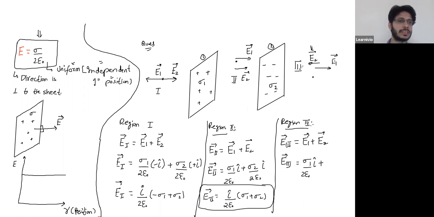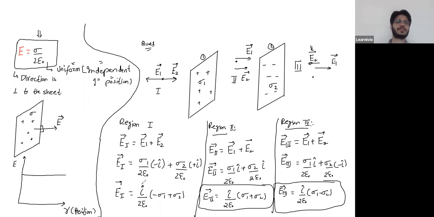This E2 is along negative x-axis, so it's sigma 2 by 2 epsilon naught minus of I cap. So you can simply take I cap by 2 epsilon naught as common. So this is sigma 1 minus sigma 2. This is how we calculate electric field due to infinite sheets. Let's note it down. Then let's do the next derivation.